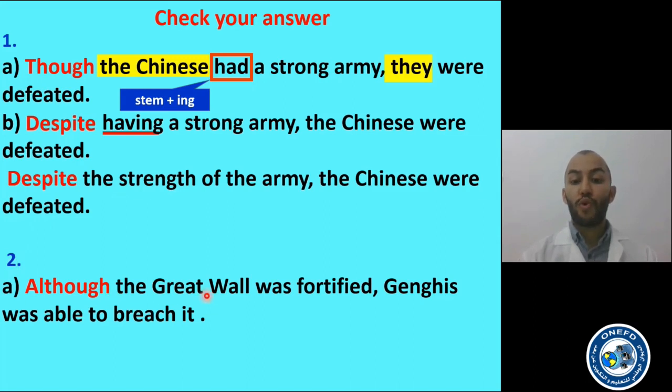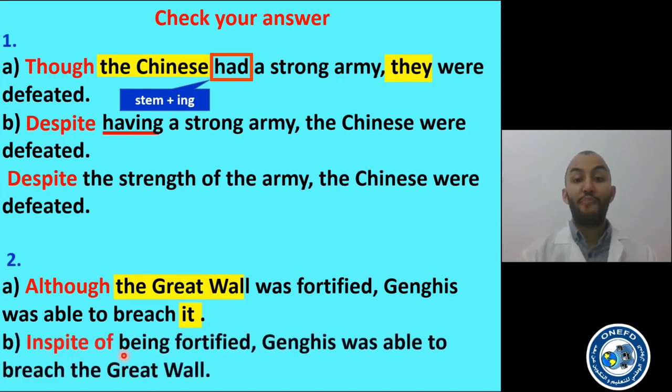Although the Great Wall was fortified, Genghis was able to breach it. Again here, what does the it refer to in this sentence? Yeah, it refers to the Great Wall. Okay, well done. So let's see what the solution is.